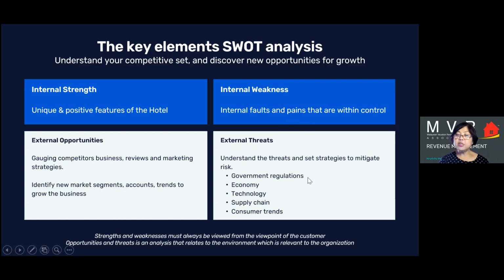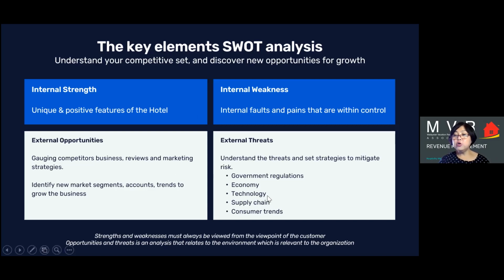Like government regulation says, you got to practice SOP. So you need to come up with a video or some message to your customer to say that you are in line with regulations, you have SOP in place, you sanitize, or you are in a Clean Malaysia Hotels Group. That is a certification. And also the economy: whether the economy now, with COVID, affects people's ability to buy 5-star or travel as frequently.